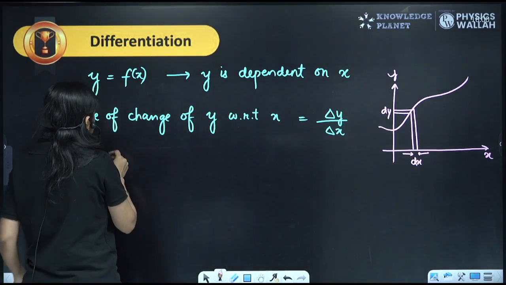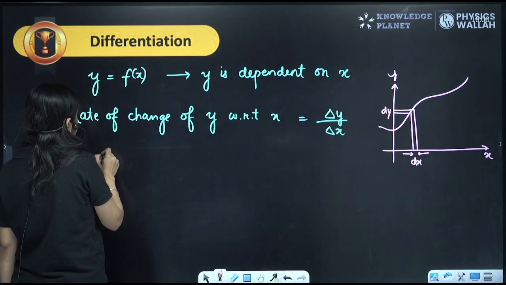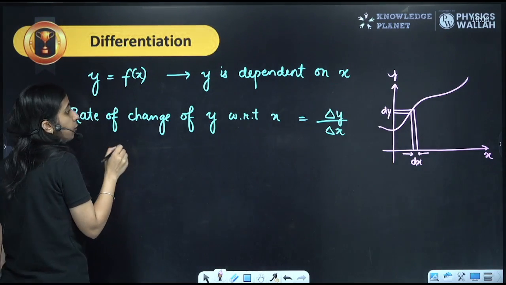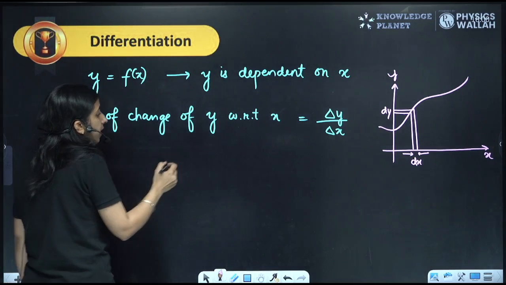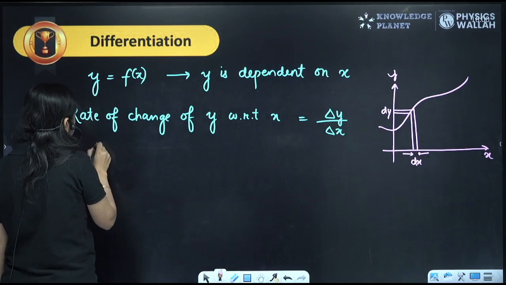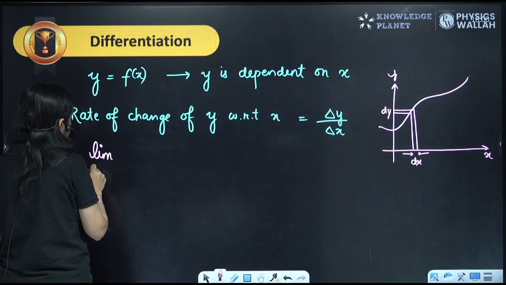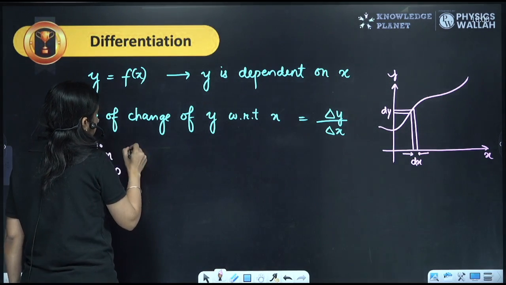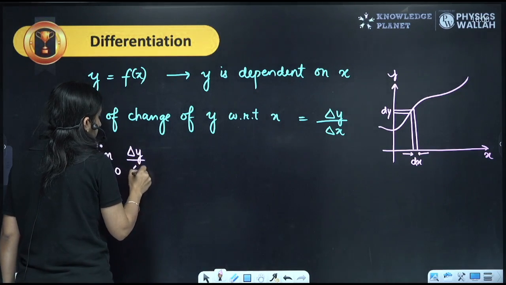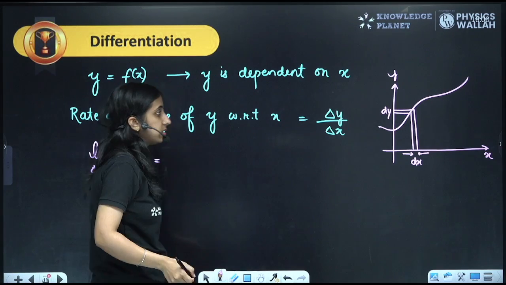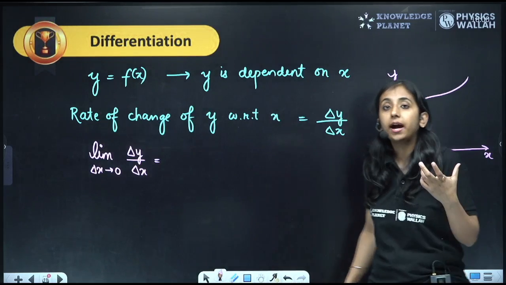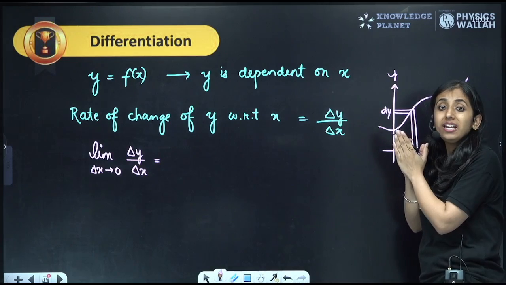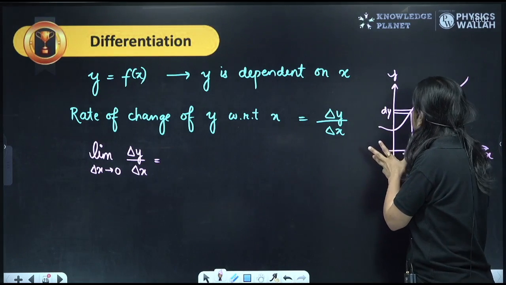Then in such a case, for the rate of change of y with respect to x, we have applied the limit that delta x tends to 0 on delta y by delta x. We have found the rate by applying the limit that this dx is very small.